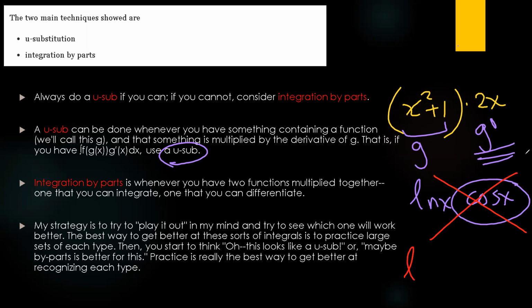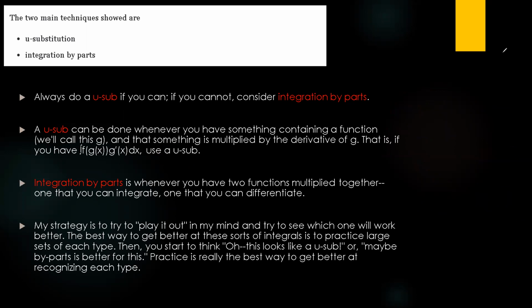But if I find ln of x and 1 over x, is the derivative of ln 1 over x? Yes. So I will use U substitution. If I find cosine and sine, as an example, they are two functions multiplied.